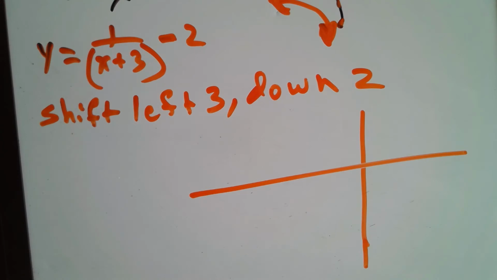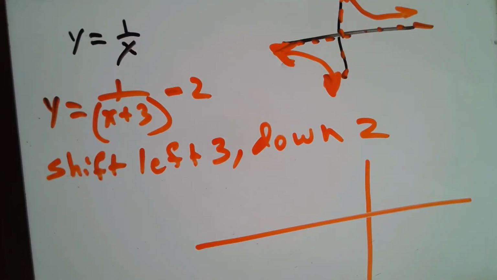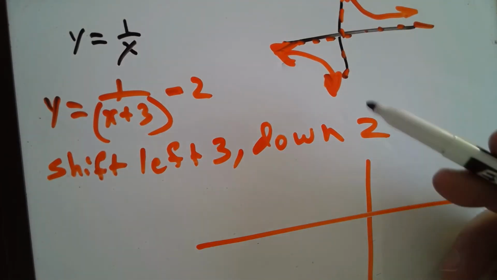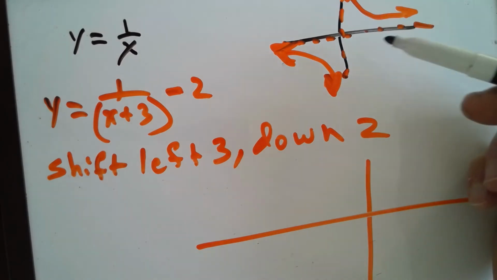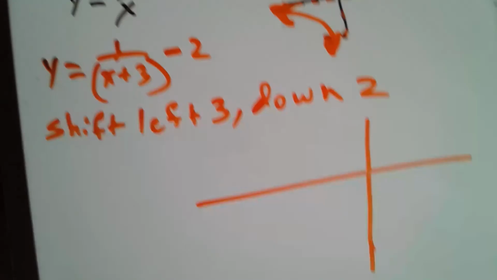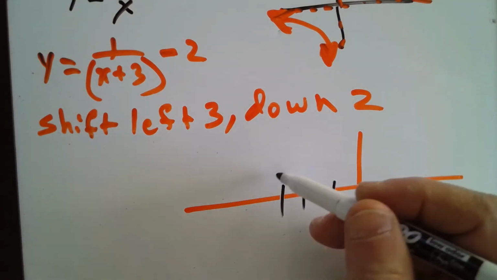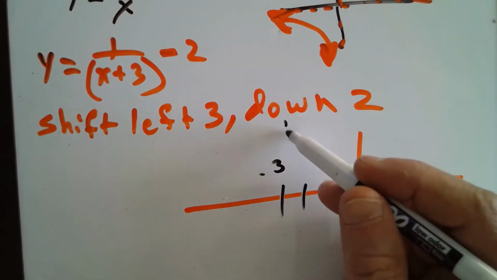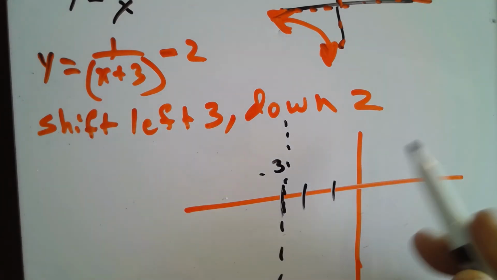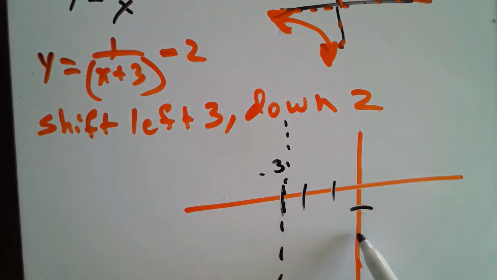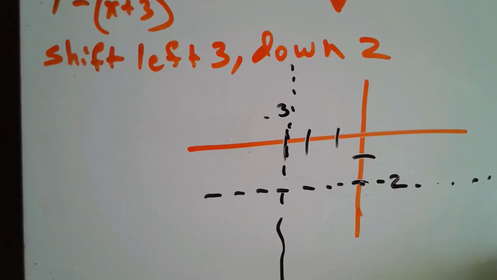Okay, so the first thing you want to do is shift what? Yeah, the asymptotes. You want to shift the asymptotes, and then the curve will follow, right? So it's going to shift left 3, 1, 2, left 3. So that's negative 3, and so that's our vertical asymptote, and a shift down 2, down 1, negative 2, and then our horizontal asymptote shifted down 2.